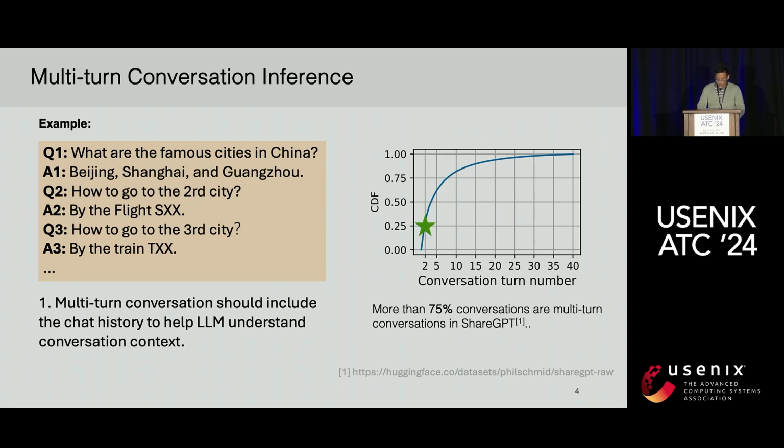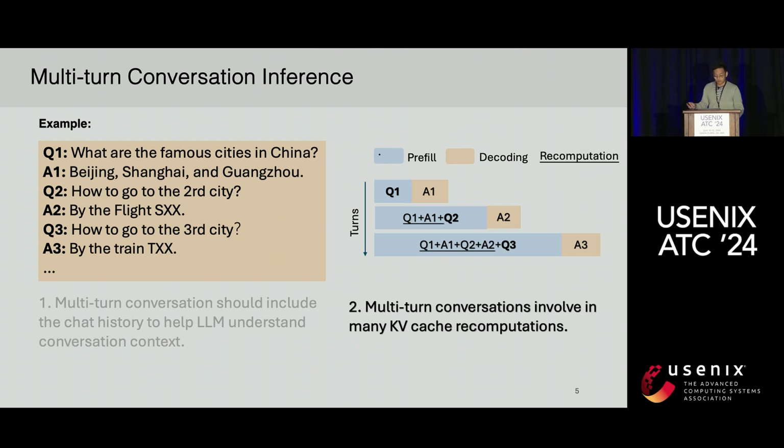If we look further into multi-turn conversation, it involves a lot of K cache computation. For example, for the second turn question, the LLM not only needs to process Q2, the new input from turn 2. The LLM also needs to compute Q1 and A1's prompt because the LLM needs to understand all of the context.